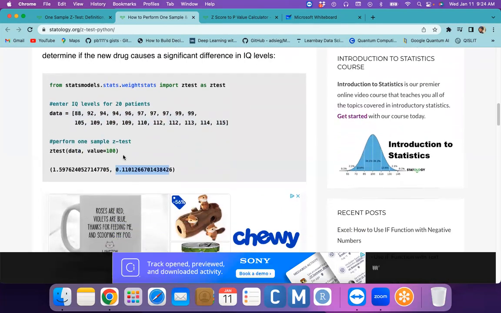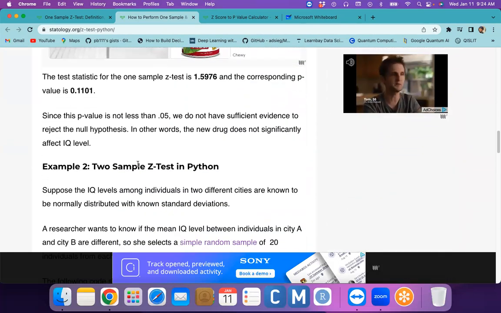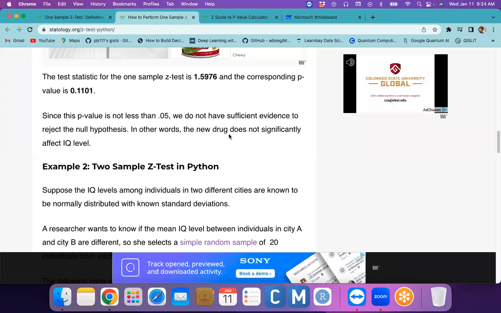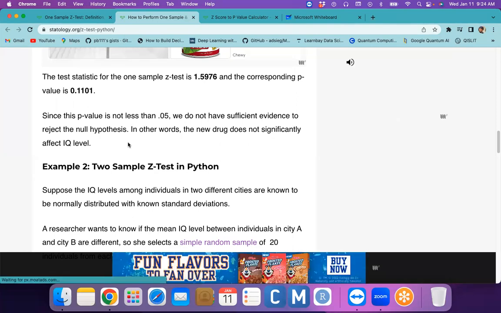If the p value is greater than 0.05, then your IQ value is 100 only. Since p value is not less than 0.05, we don't have sufficient evidence to reject the null hypothesis, so the new drug does not significantly change the IQ level. That means the new drug has not affected your IQ.